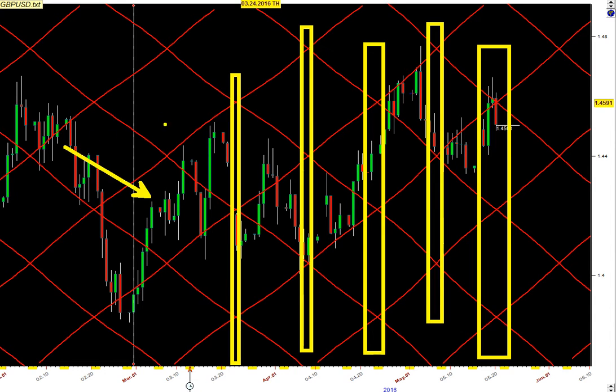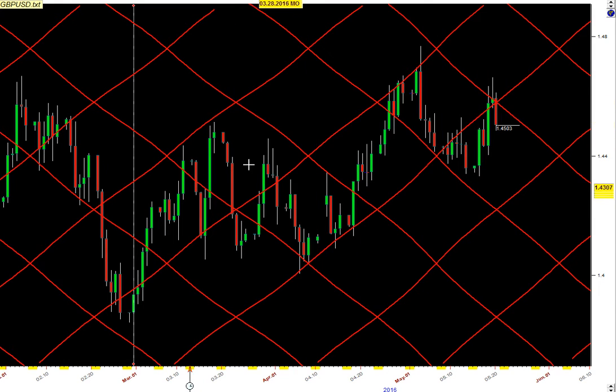Price action just stalled right here for a little bit and then shot up, or you could have it find resistance and shoot down, or you could find it as support, as right here. Vectors or vibrations.